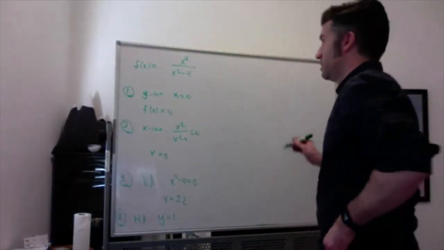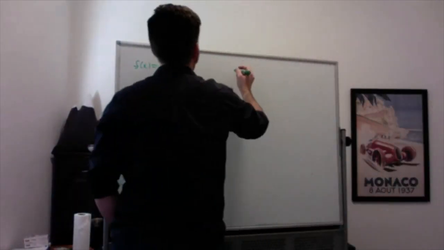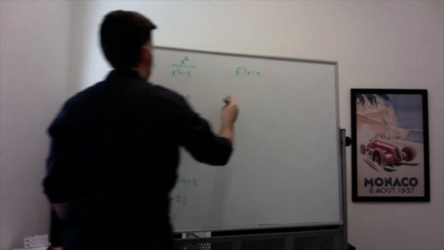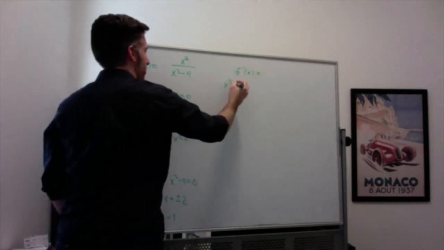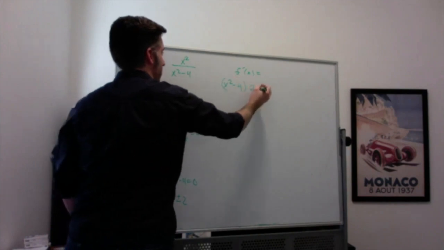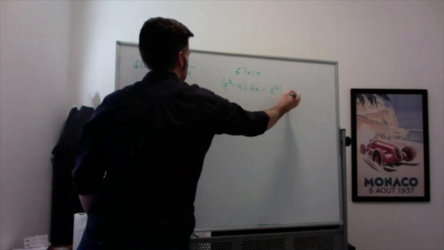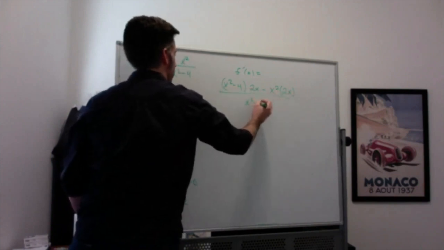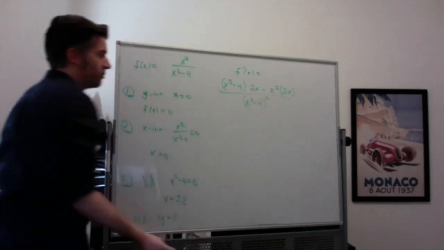So let's take a quick look. F prime of x is going to be the bottom times the derivative of the top minus the top times the derivative of the bottom, all over the bottom squared.